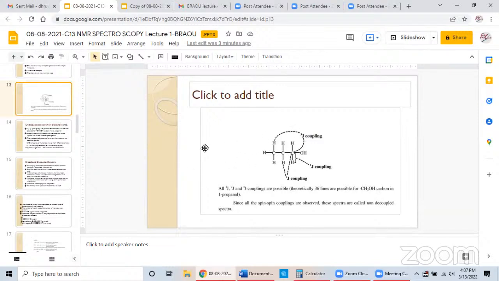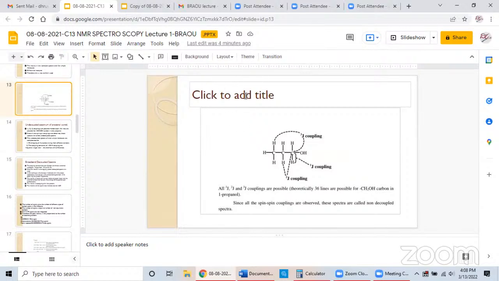The number of signals that can be obtained from a coupling pattern is given by a simple equation: (2NaI + 1) into (2NbI + 1) into (2NcI + 1), and so forth. Here Na means the number of A type of magnetic nuclei, Nb is the number of B type of magnetic nuclei, and Nc is the number of C type of magnetic nuclei. Suppose a set of protons is coupling with A type of protons and with B type of protons.